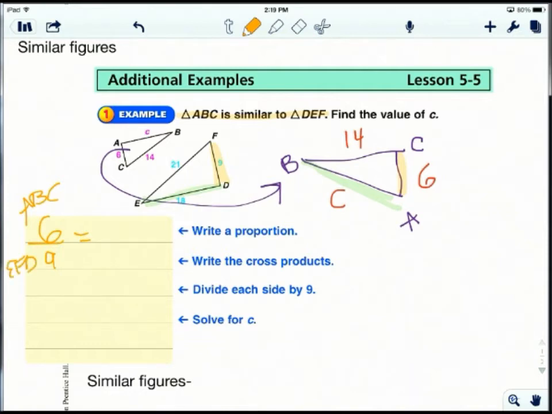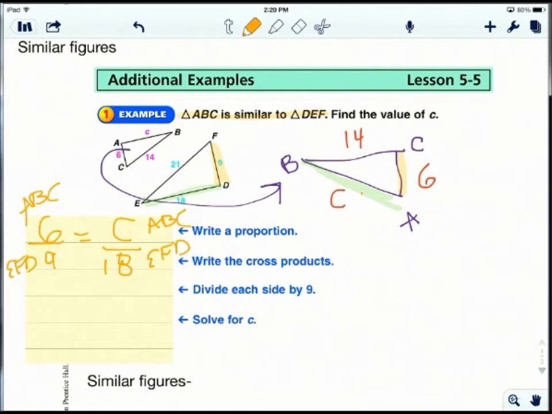If I did it that way on the left side, on the right hand side I have to do the same thing. So I'm going to start with triangle ABC again. So I'm going to get C, and I'm going to put it over its corresponding side, which in this case is 18. So again, I put ABC over EFD. So I know I have set it up because ABC over EFD equals ABC over EFD, so they match up.